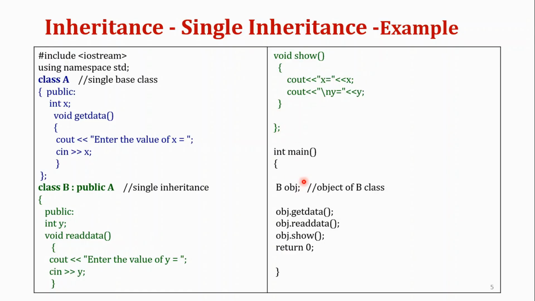In the main function, create an object of the derived class, class B. You can call all the methods, getdata, readdata and show, and x and y, everything is available in class B. So you can create an object of derived class B and call the base class functions by the derived class object obj. I think you got how single or simple inheritance works.